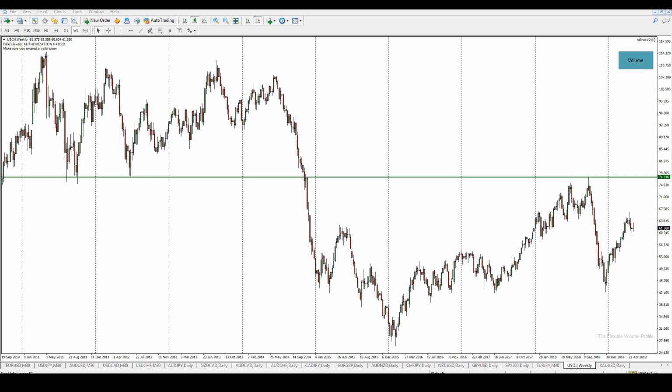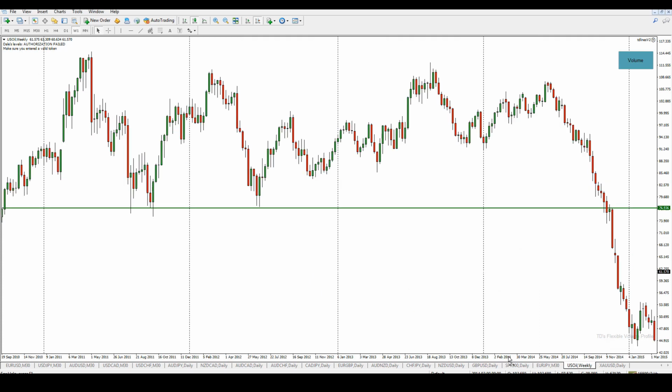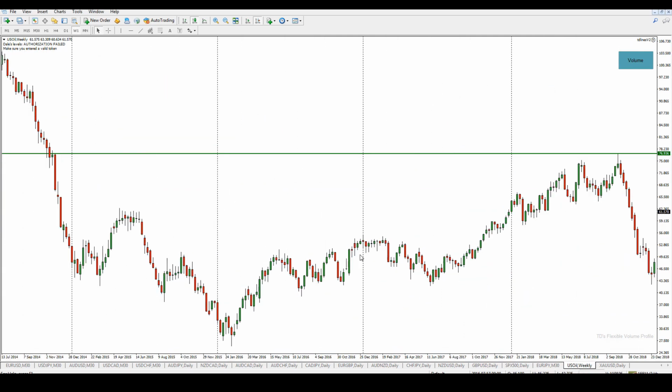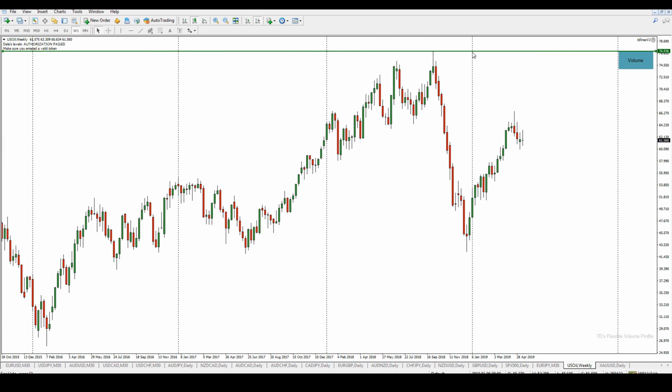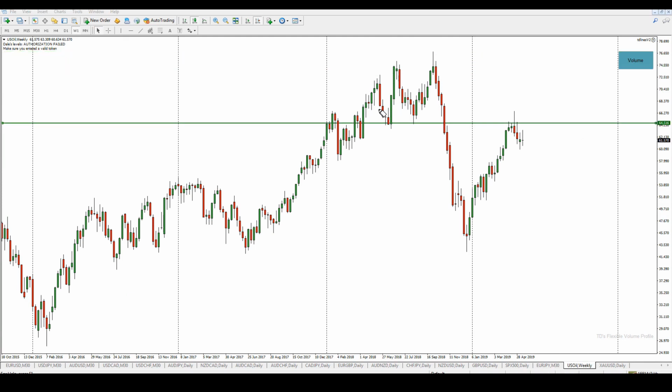And by the way, quite recently, let me zoom it a bit. Rejections of lower prices, which means that this was a strong support, and when the price went past it, the support became a resistance.